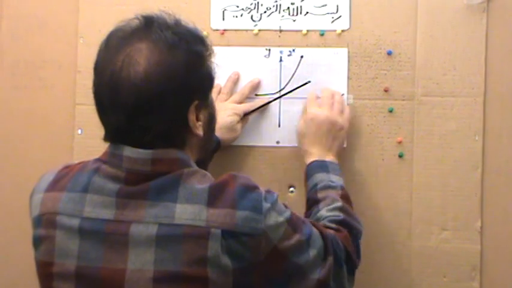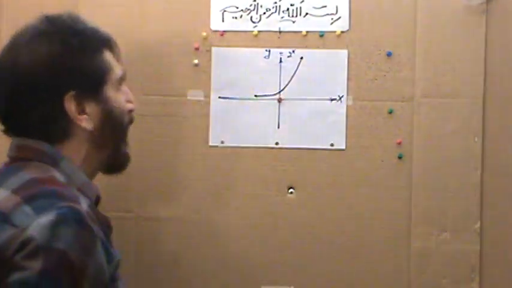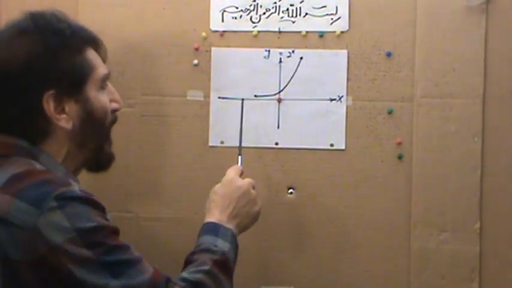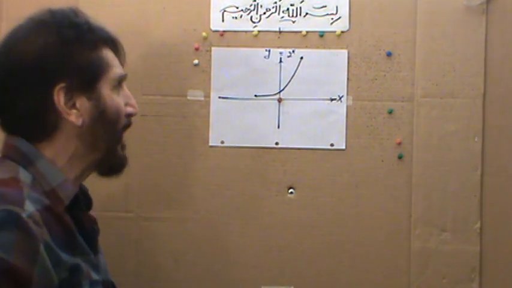Now, this one is the graph of y equals 2 to the x. You can plug in numbers, positive and negative, and this graph comes out of it. Most of you are maybe already familiar.